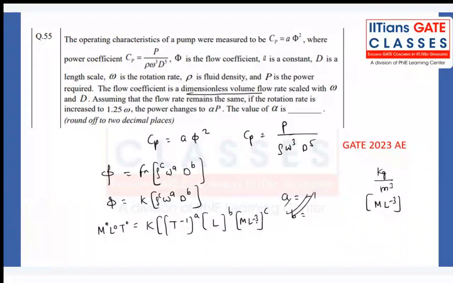So now you just equate the coefficient of MLT. When you equate M, that is c, c will be what? 0 minus 3c plus b, that is equal to what?